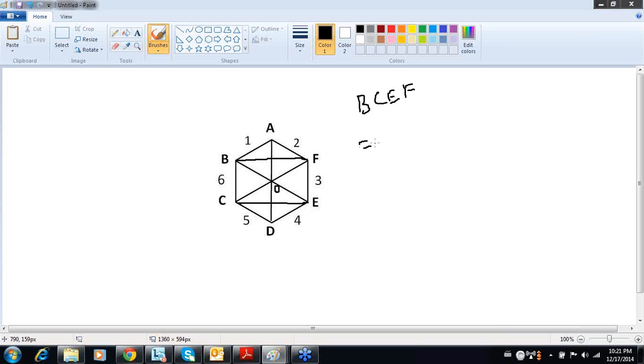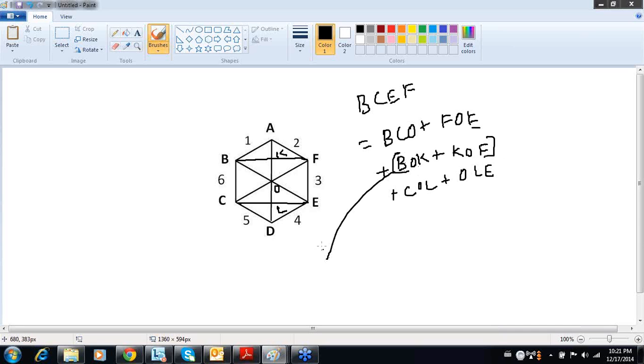So the area of BCEF is what? Area of BCO plus area of FOE plus area of BOK, say it is K, plus area of KOF plus area of COL, say it is L, plus area of OLE. So this area is nothing but the area of another triangle.